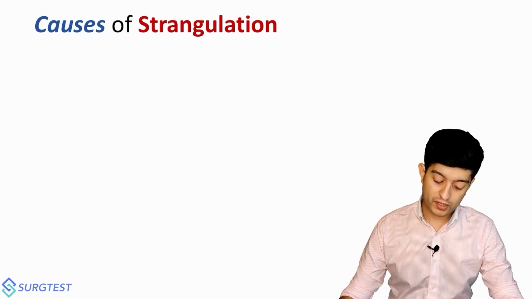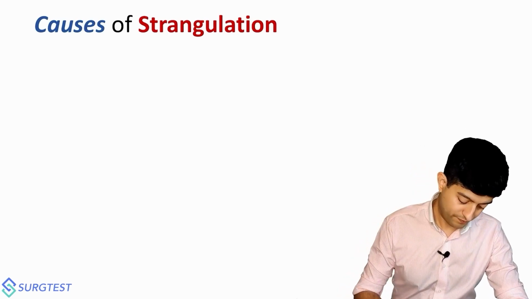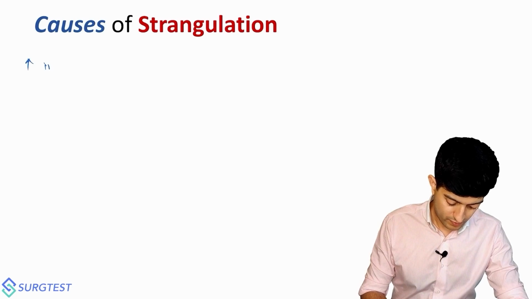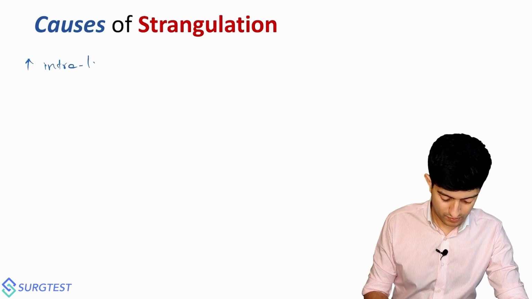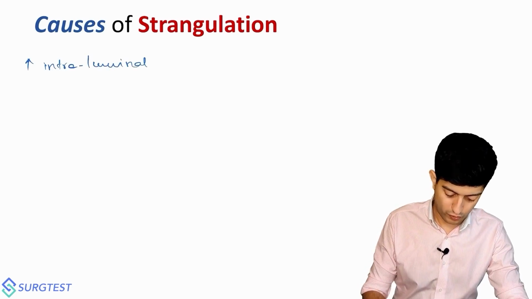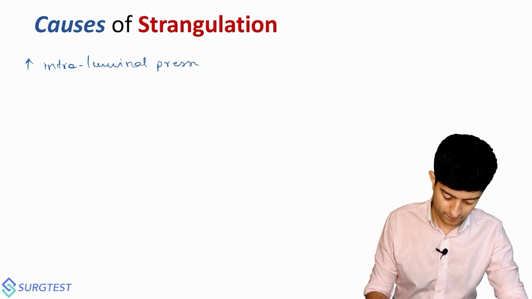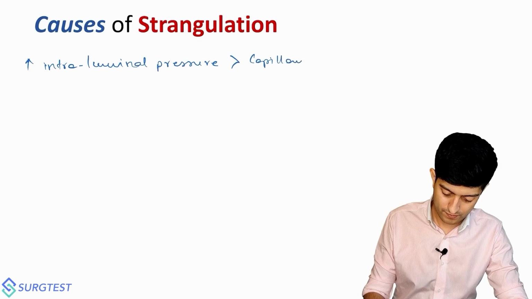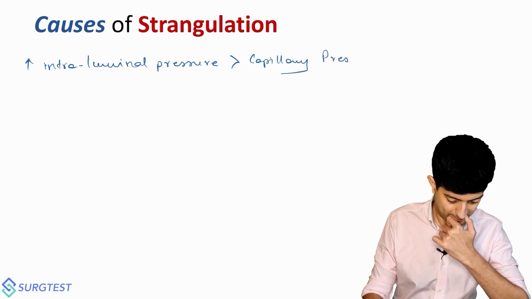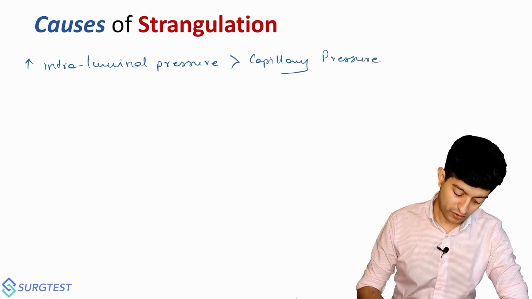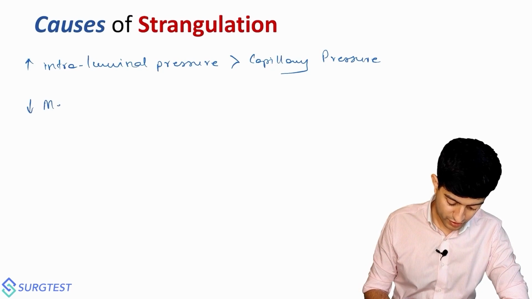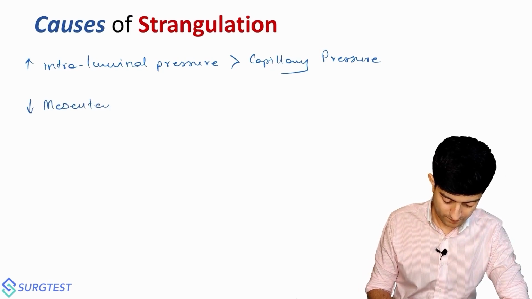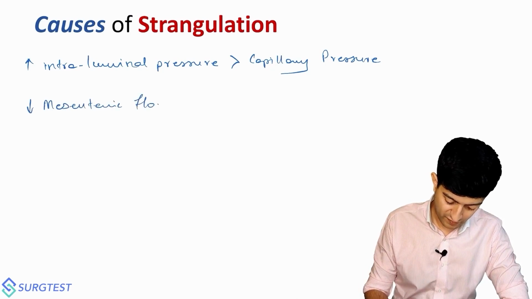There could be a few different causes of strangulation. One could be increased intraluminal pressures rising above the capillary pressure. It could also be because of reduction in mesenteric blood flow.